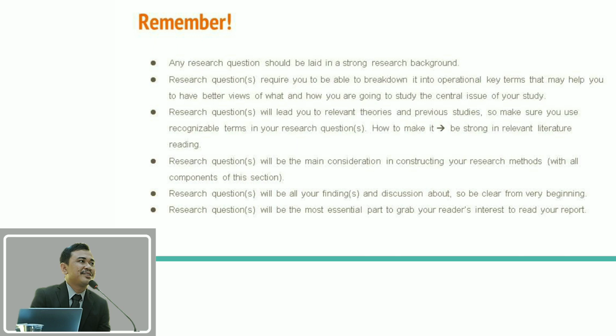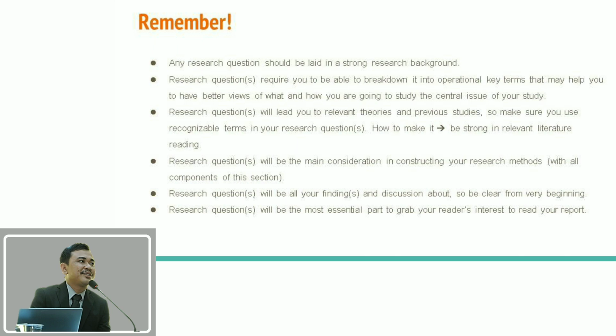How to see it? You can read the title, and then you can go to the discussion section and the findings. If you find three findings or more, then you can formulate three or more questions. It depends on the findings. So read the article, put the information about the article, and then provide the research questions.